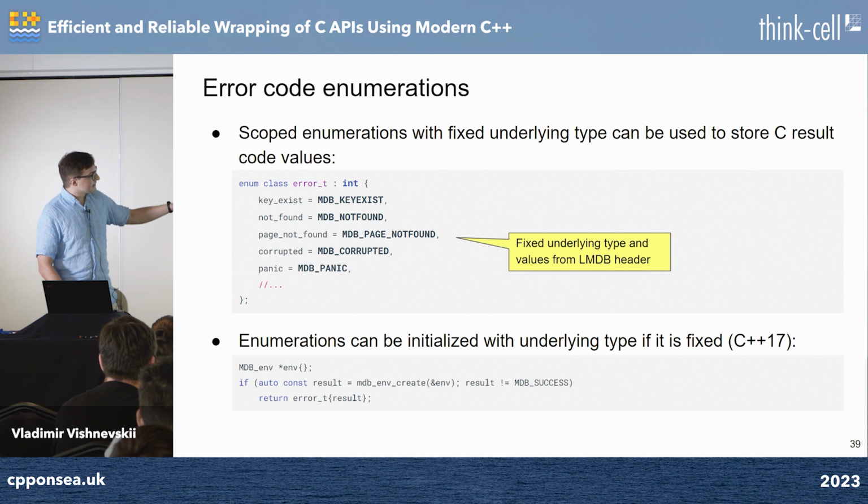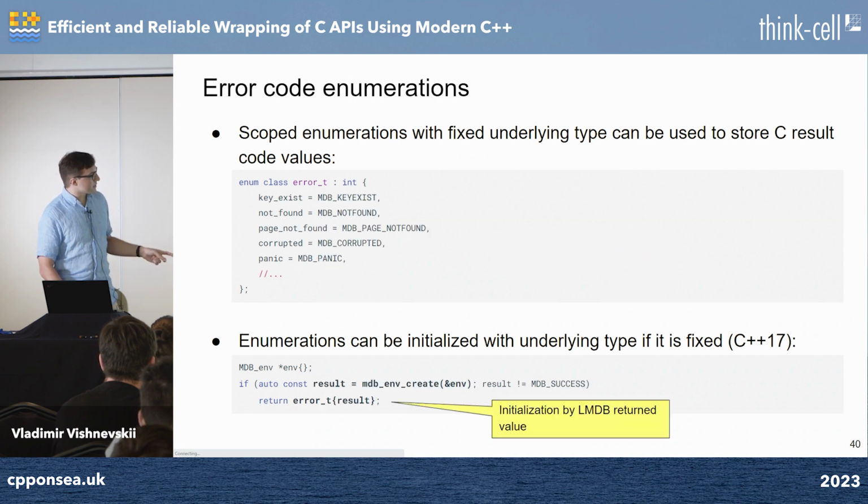The idea is that starting from C++17, we can simply initialize the enumerations with the underlying type, if the underlying type is fixed. The client code will use this error type, which will be a scoped enumeration, so it will be easier to handle those types in the client code.